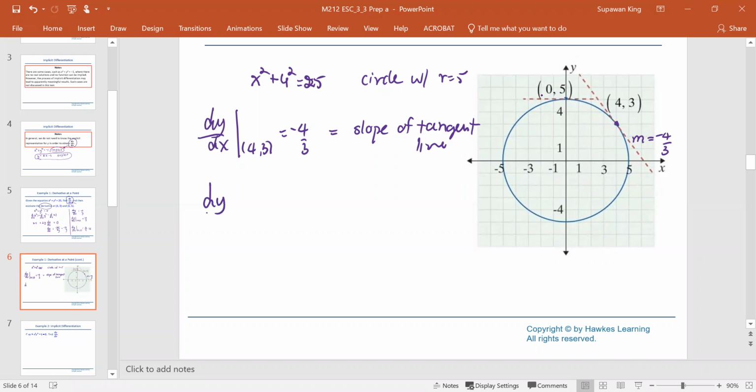At (0, 5), dy by dx equals 0. That is the slope of the tangent line passing through the point (0, 5) on the curve. Since the slope is 0, the tangent line is horizontal.